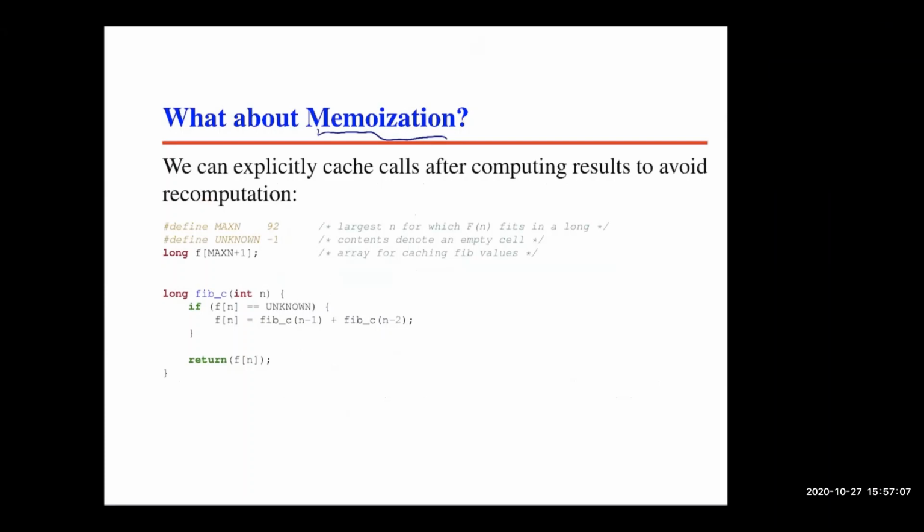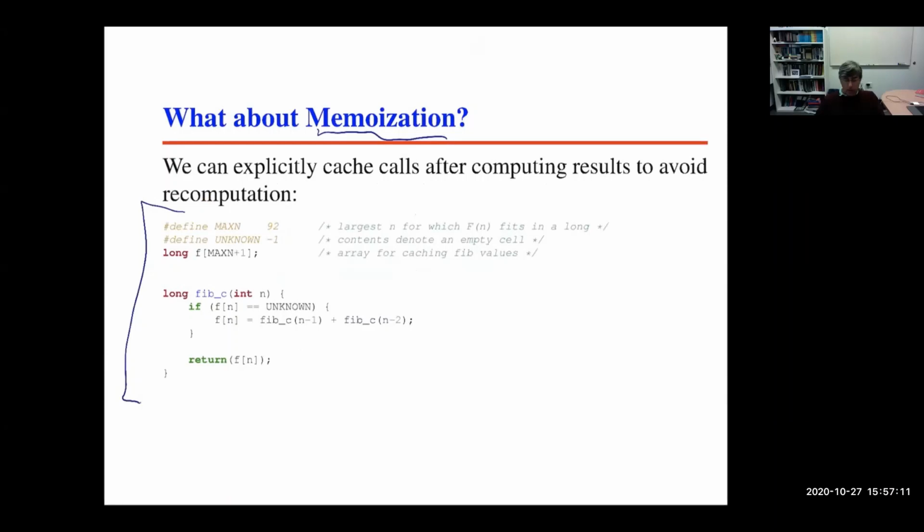One way to take that recursive Fibonacci program and avoid recomputing is to keep a recursive program. Note that this is still recursive, fib of n minus 1, fib of n minus 2. But we're going to have a global array, f, that is going to store what the value of the ith Fibonacci number is.